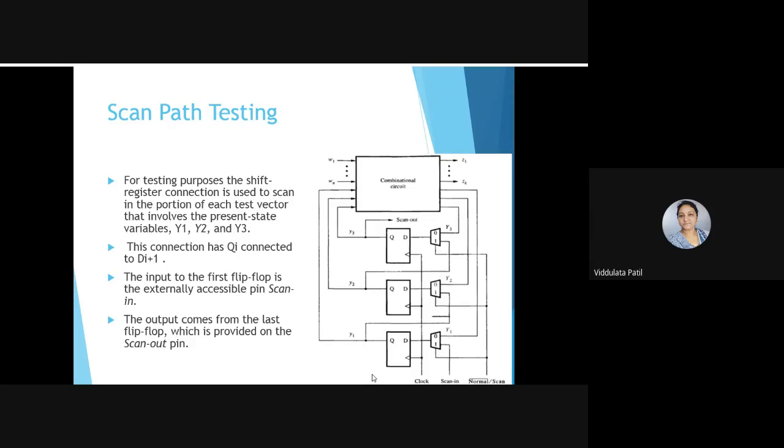What will be the output? D flip-flop out. Oh, okay. Tell me, D flip-flop means? Yes, it is a D flip-flop. Okay, forget my question. Tell me what a D flip-flop does.